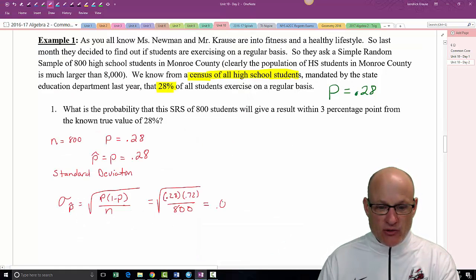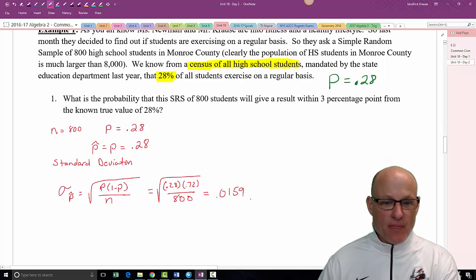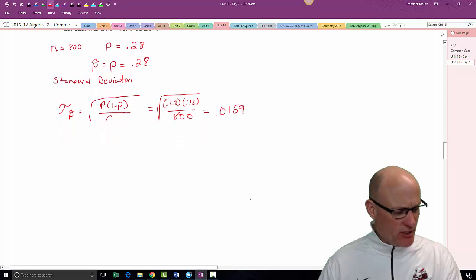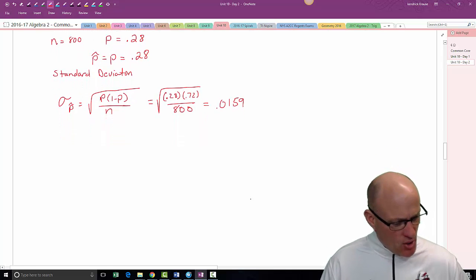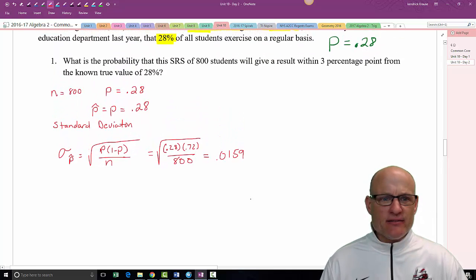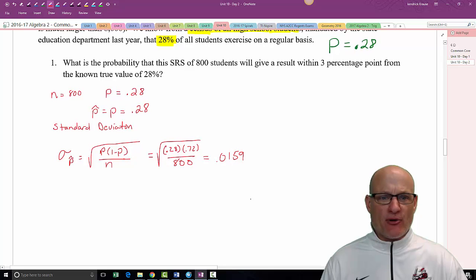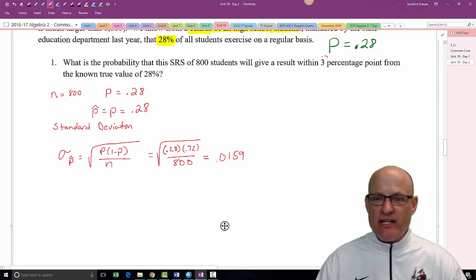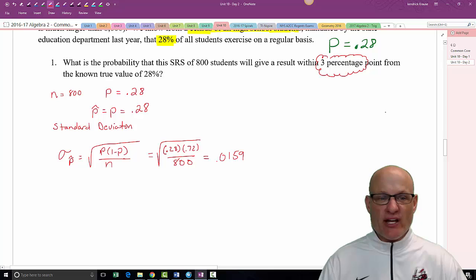Four decimals should be enough on this one. Now what are we going to do with that? We're asked to find the probability that a simple random sample will give a result within 3 percentage points from the true value of 28%.